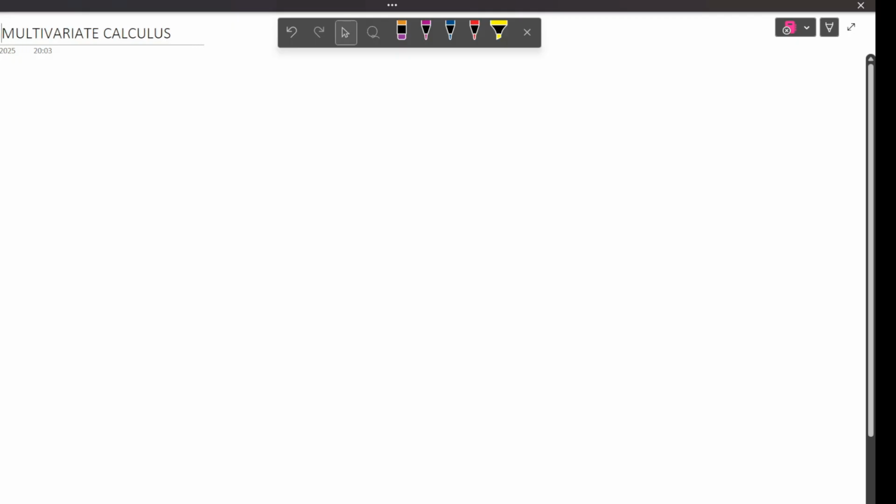Today we will learn about multivariate calculus. See, calculus is very important in science and technology. Functions of one variable we know, but functions of two or more variables are more important in science and technology.